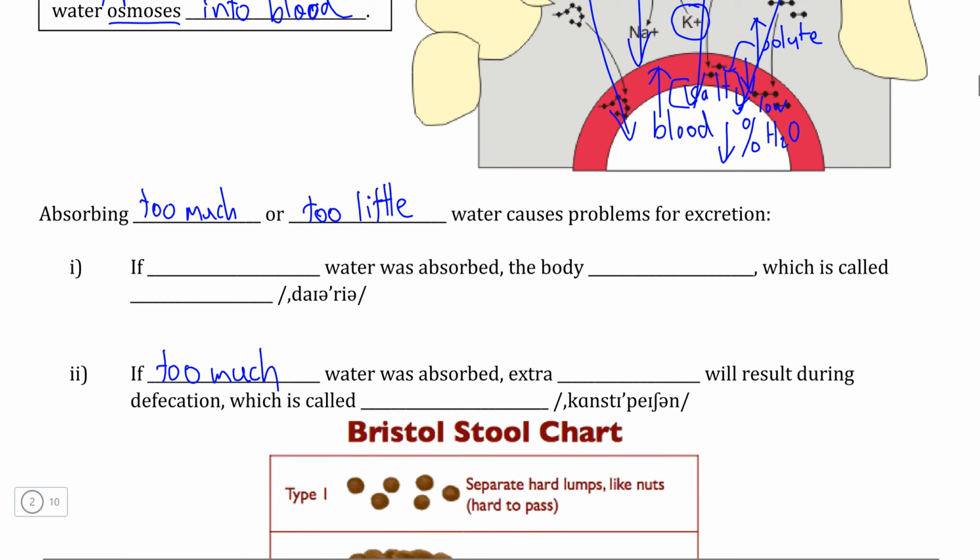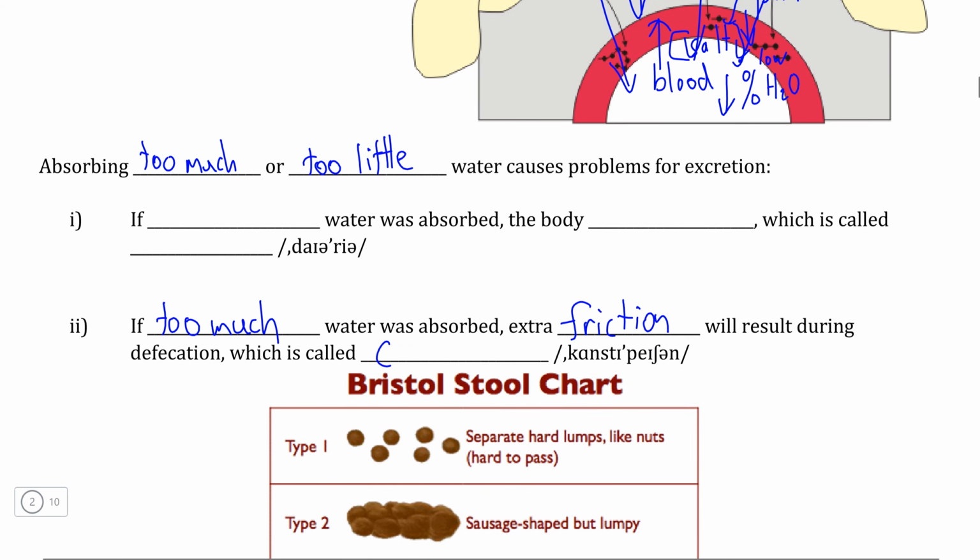And the problem with dry feces is that when the muscles of your large intestine contract to push the feces out, because the feces is dry, this is going to create extra friction during defecation, which results in it being much harder to pass feces out of the anus.